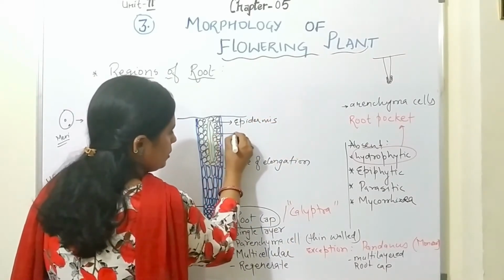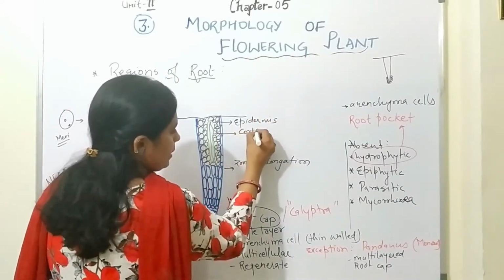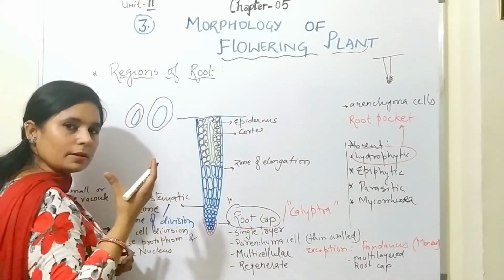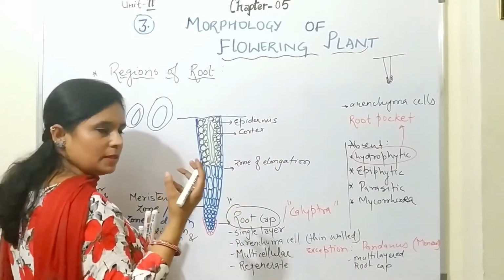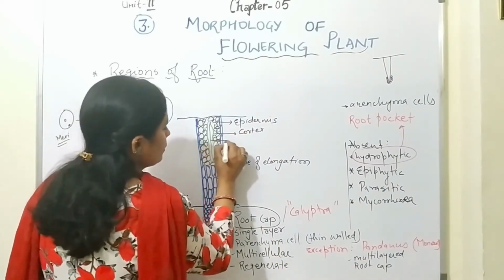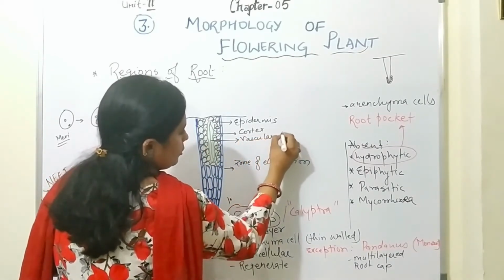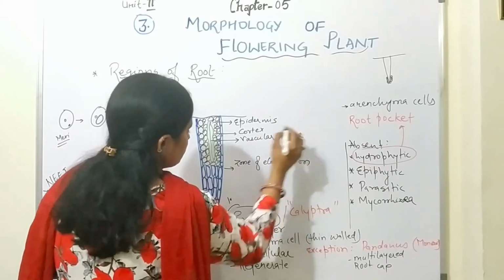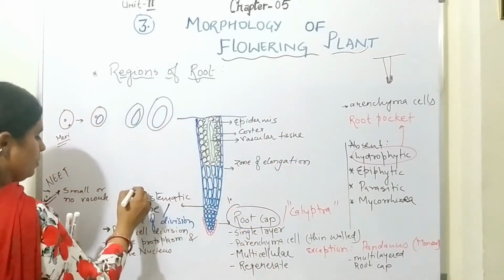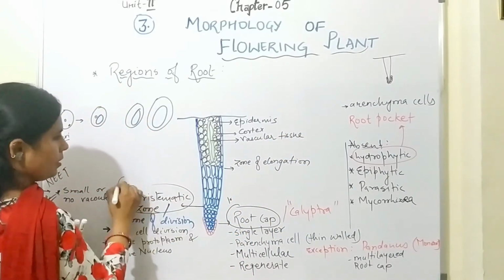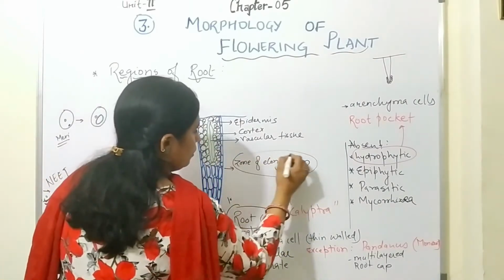Below the epidermis you will see the cortex, which is also a group of cells, a tissue layer, and the innermost is the vascular tissue. So above, this is the second one, this is the third.